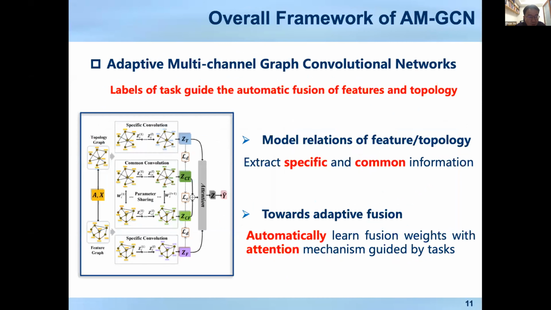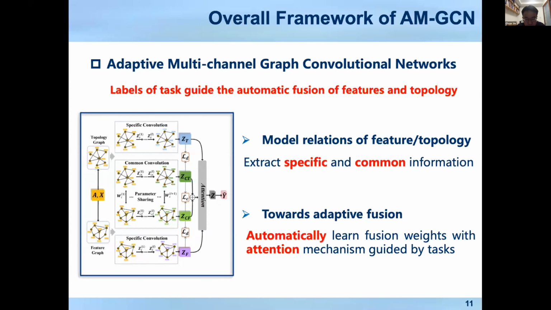Following this idea, we designed the adaptive multi-channel graph convolutional network, named AMGCN. The basic idea is that the labels of tasks guide the automatic fusion of features and topology. AMGCN includes two key components.